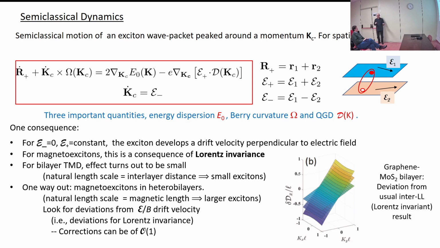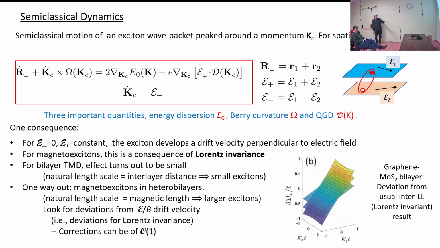So their dipole moment is small, and the drift velocity you get is small. And it was not really possible for us to convince ourselves that the exciton could go far enough, given what we understood to be the current constraints on resolution and time-resolved experiments. We couldn't really convince ourselves that excitons could go far enough before they'd recombine, because in these cases the dipole moment is quite small.